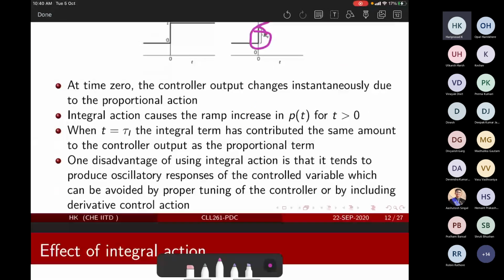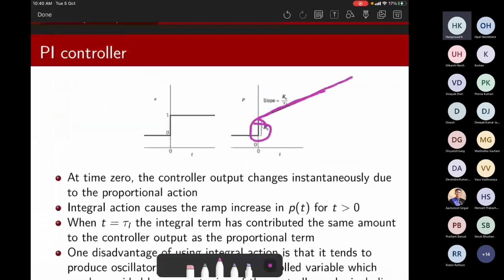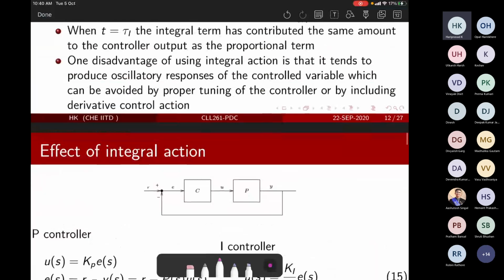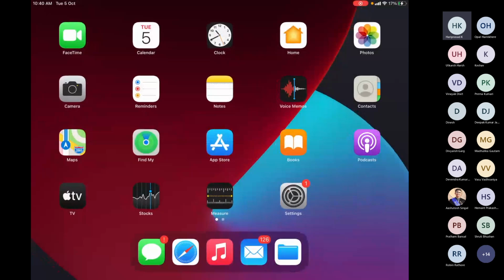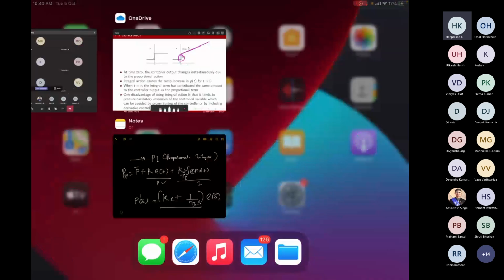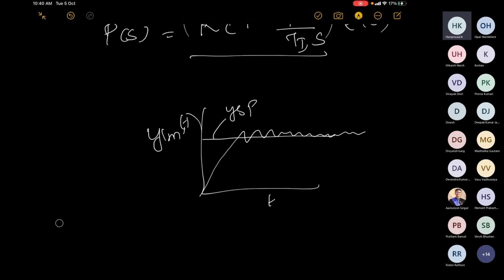But again, there are two things. This integral action, as I pointed out, eventually means you might reach the set point, so there won't be any offset. Let's say this is your set point, y_sp, and this is y_m of t over time. You would see there is some oscillation.